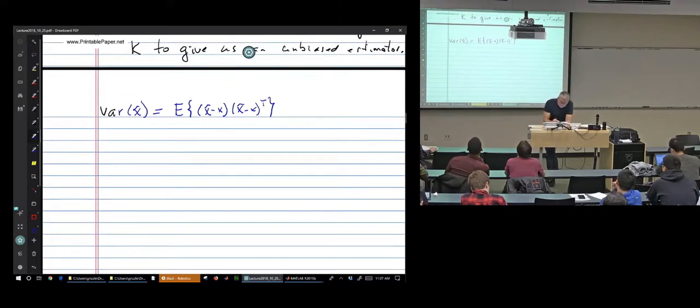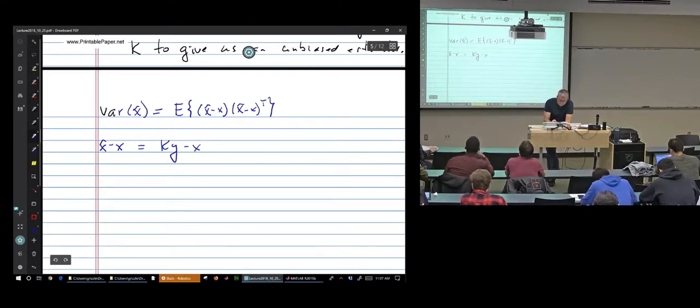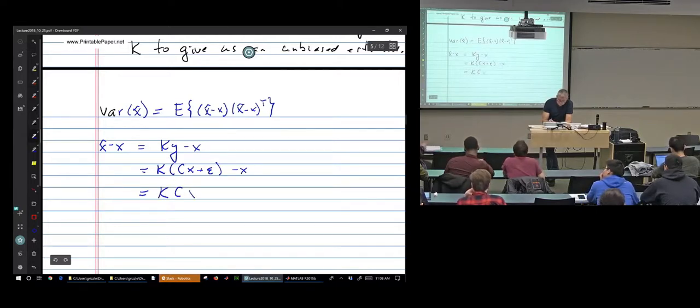So let's just look at these terms. X hat minus X. X hat is K times Y, minus X. Y is Cx plus the noise term, minus X. KC multiplied through times X, minus the X over here, plus K times our noise term on the measurement.